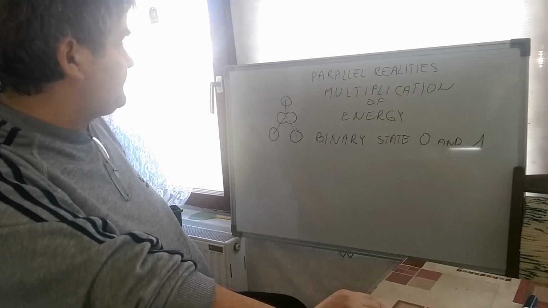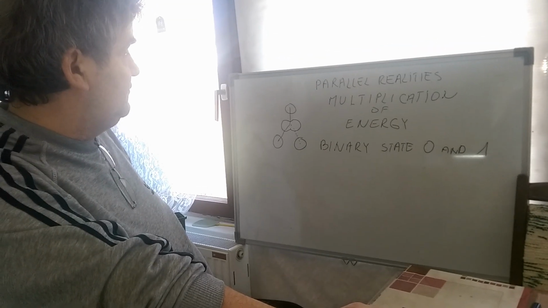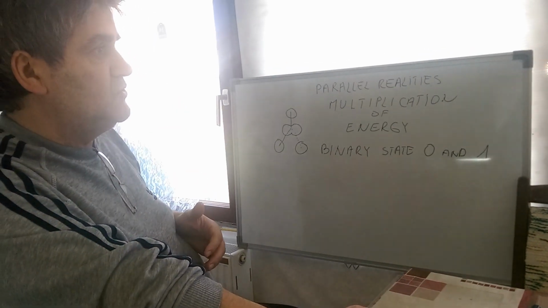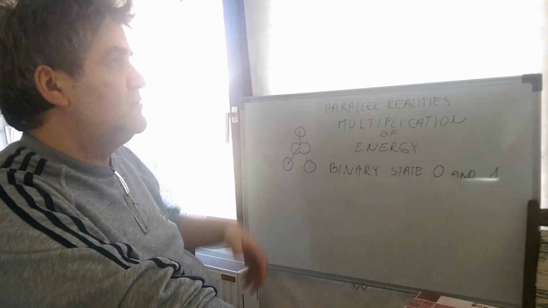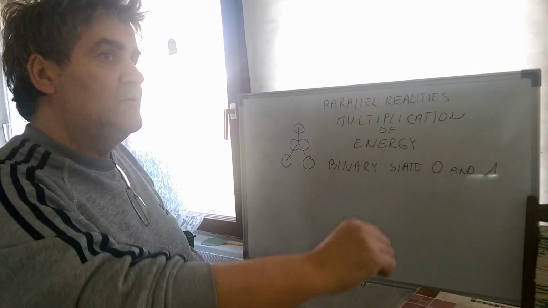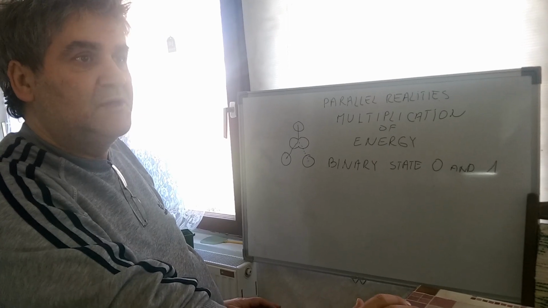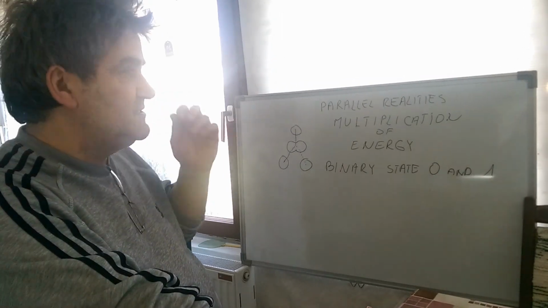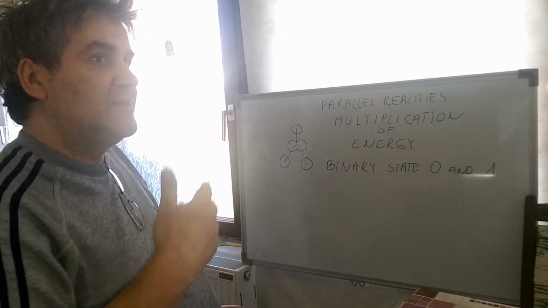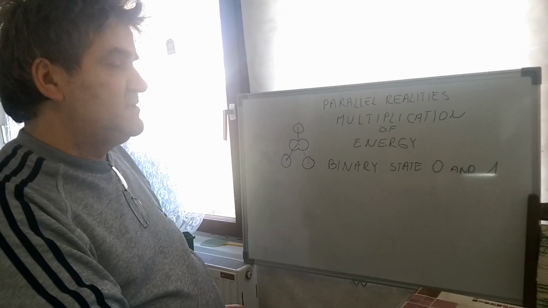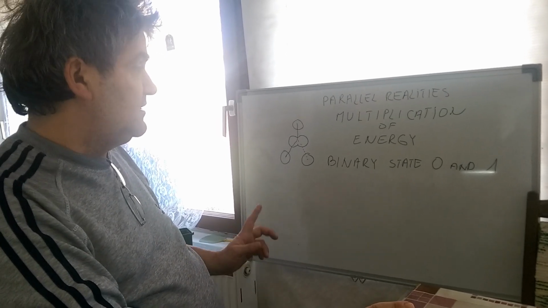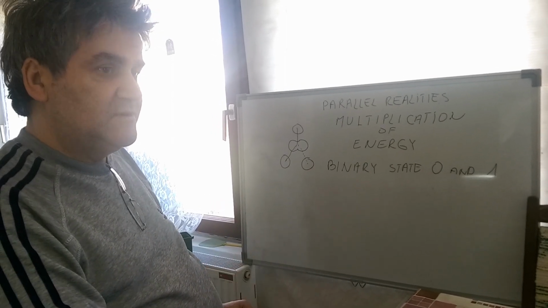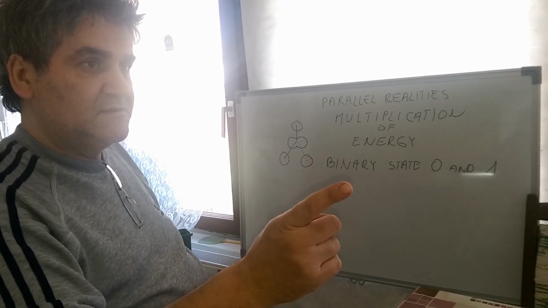In your life, if you have any doubt about any event, say I want to go out, or I want to go to the right, and I just go to the right, then there are no parallel realities, because I wanted to go right and I went right. But if I have doubt about going right or left, and I'm in state 0, and then make a decision, I will go right.